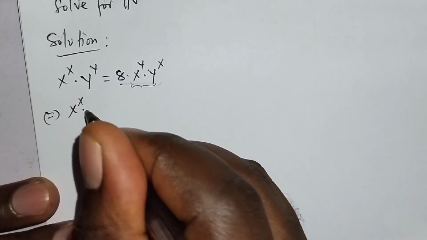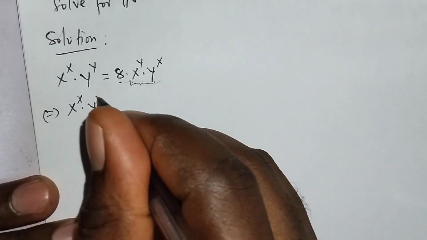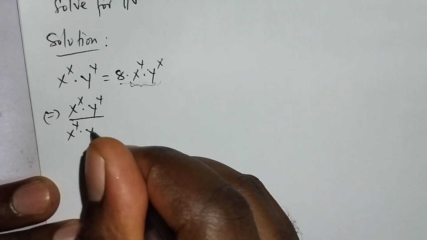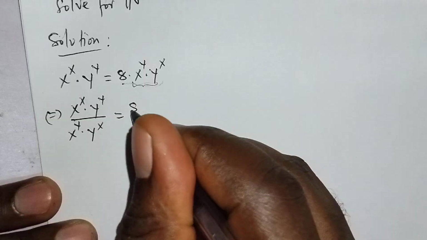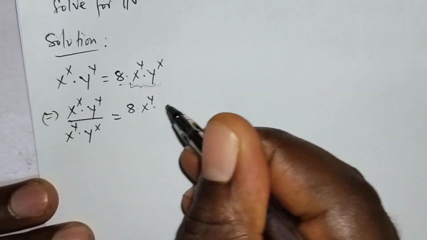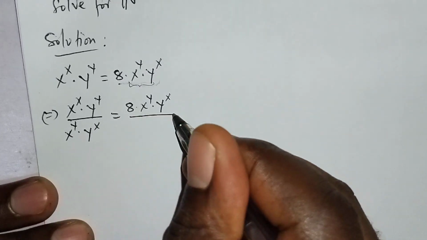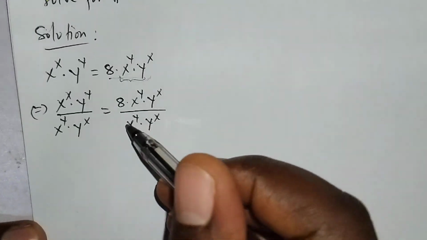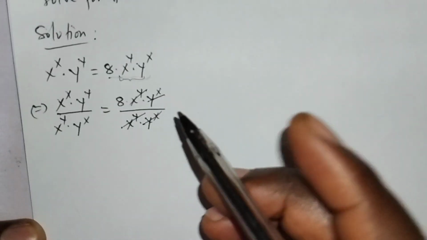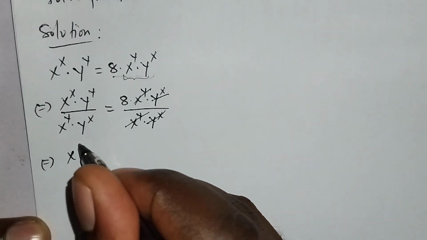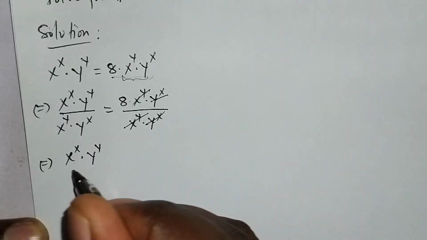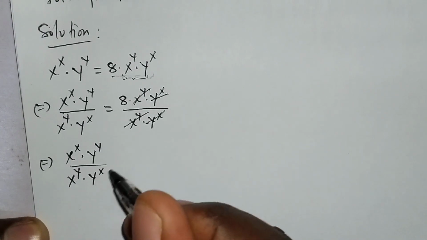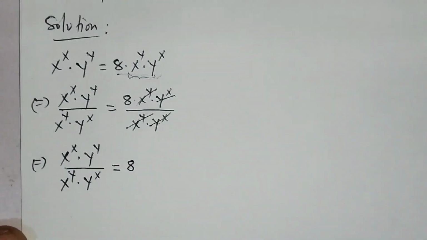It is x power x times y power y over x power y times y power x, which is equal to 8 times x power y times y power x over x power y times y power x. So we simplify this. It remains x power x times y power y over x power y times y power x, which is equal to 8.